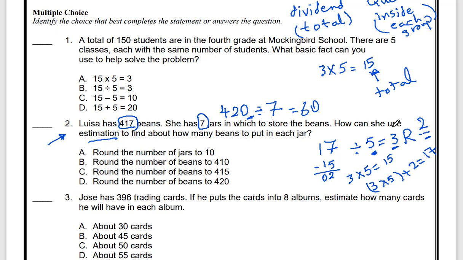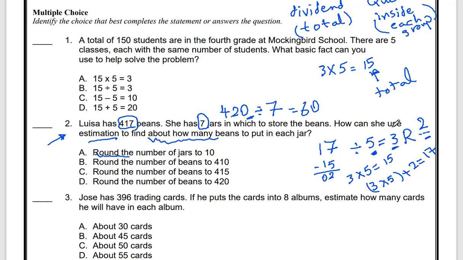Okay, let's see more questions about estimation. And how would we know that this is estimation? You will find the word estimate, or find the estimation, or about how many, like this one, or round, like this one.